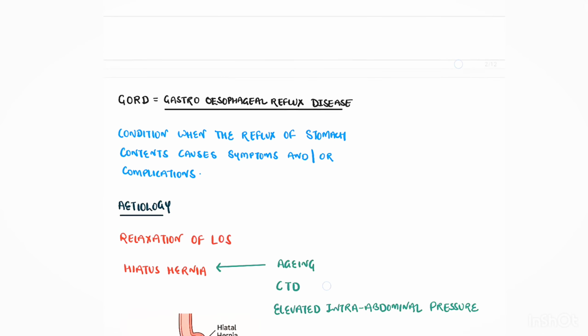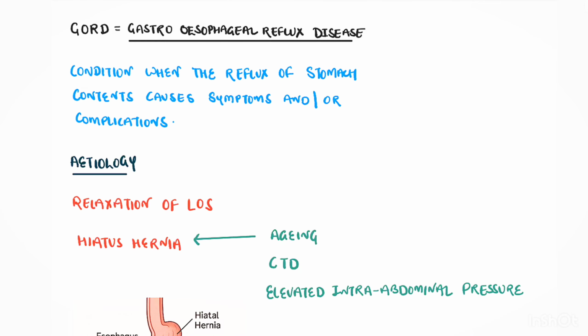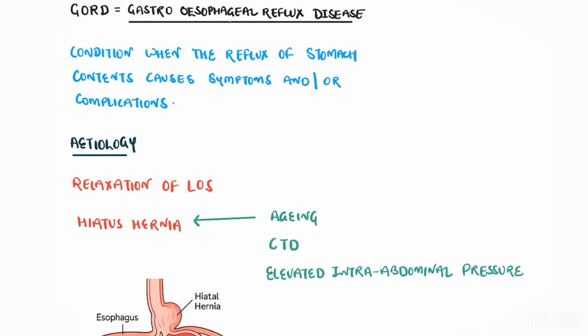So GORD is basically the full form, gastroesophageal reflux disease. So what happens? This is our esophagus and this is the stomach, and here is the LOS, lower esophageal sphincter.